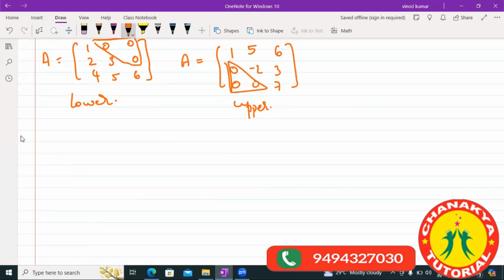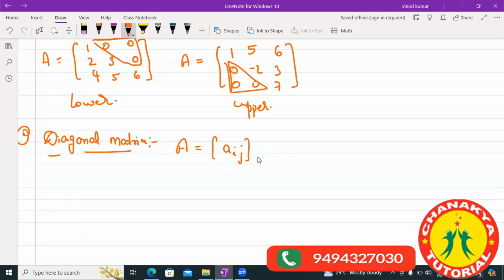Next, diagonal matrix. Diagonal matrix means A equals Aij is also a square matrix. Compulsorily we take a square matrix. In a square matrix, only the diagonal elements are non-zero, and the remaining are all zeros. Aij equals 0 whenever i is not equal to j.